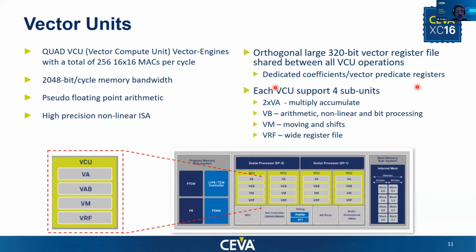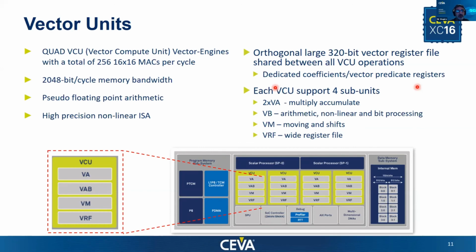And one can fetch 2,000 bits per cycle from local memory into this vector unit. So one can process huge amounts of data, as required by the use cases that we are targeting.